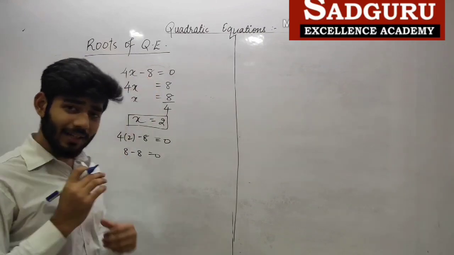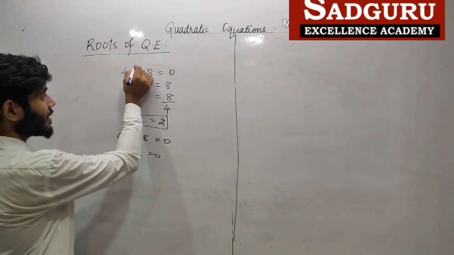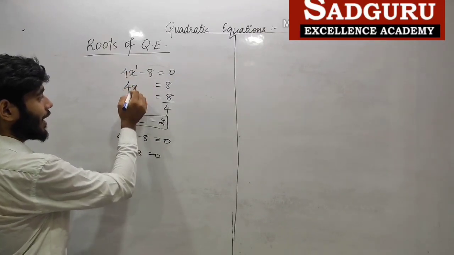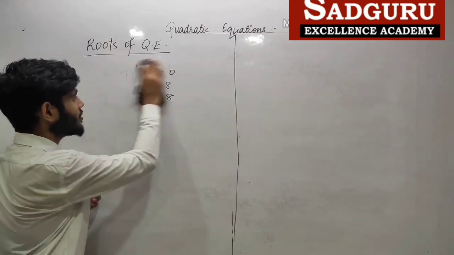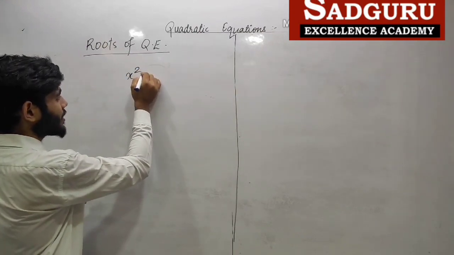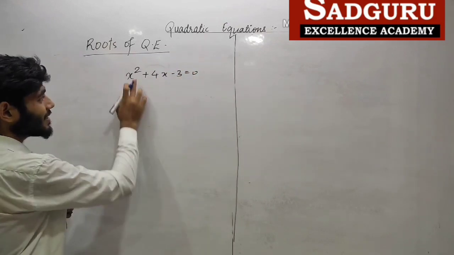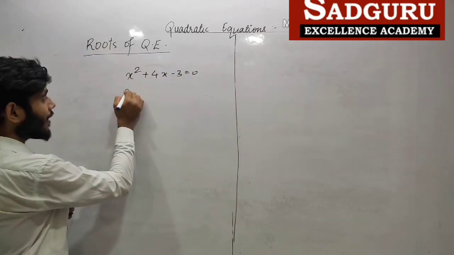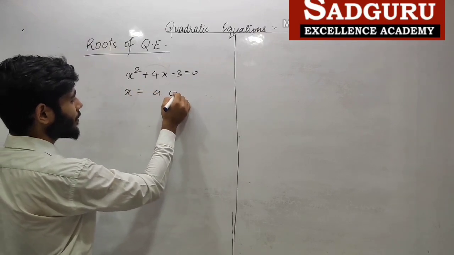But for a linear equation, you observe that the degree is 1, right? And the number of roots is 1. But in a quadratic equation, since the degree is 2, like this, x square plus 4x minus 3 equals to 0, we will have two values, x equals to a or b.